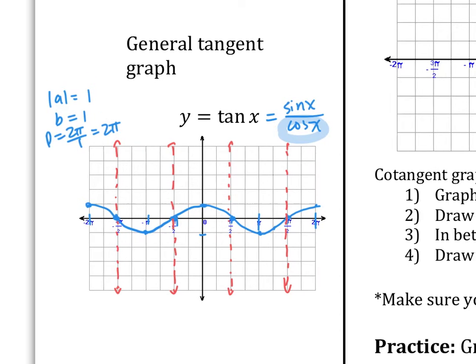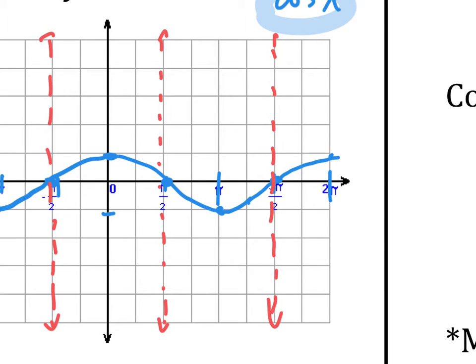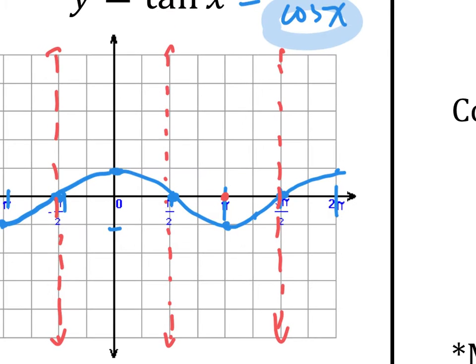Next, we're going to look at any two asymptotes, and the tangent graph is going to be right in the middle. Right in the middle between the two asymptotes is the 0 mark. Next, we're going to mark halfway between where I marked this and the asymptote. So halfway between that, which is right here, and the same thing on the left, halfway in between.